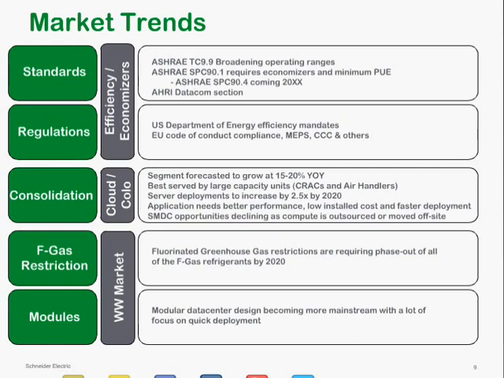Consolidation we talked a little bit about already, and the fact that we're seeing more and more outsourcing of IT compute, storage, and applications to these cloud and colo facilities.